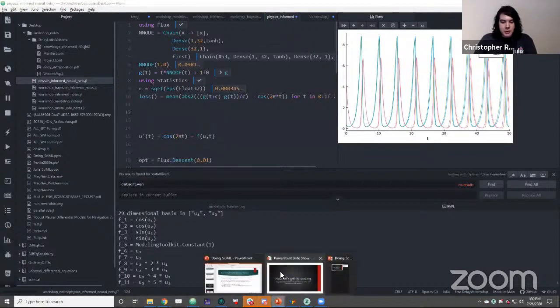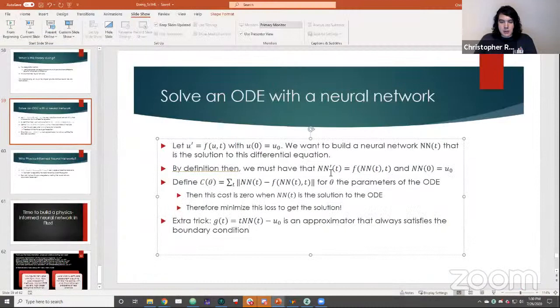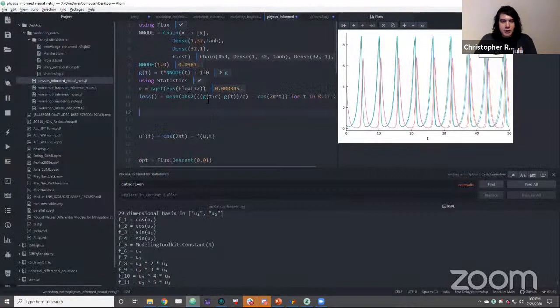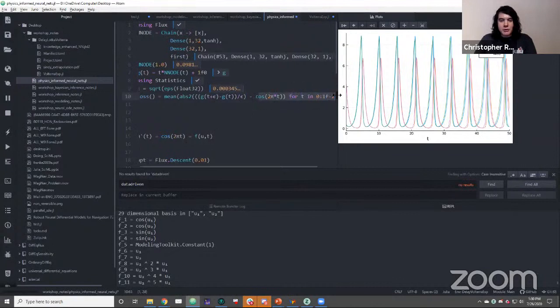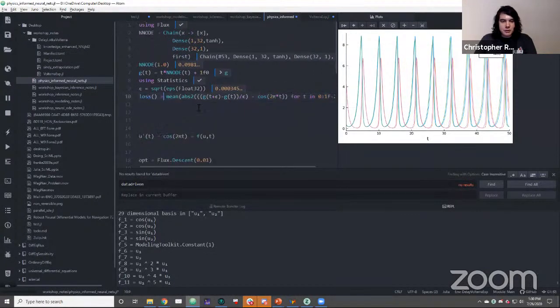So here I'm saying my loss function is: calculate nn prime, oops, sorry about that. Calculate nn prime and subtract f from there. So I'm going to calculate nn prime just by a finite difference or automatic differentiation. I'm going to subtract off f, and I'm going to do this at a bunch of different time points.